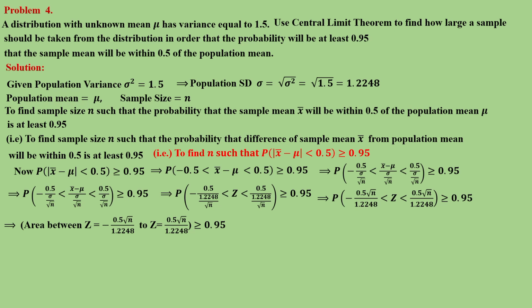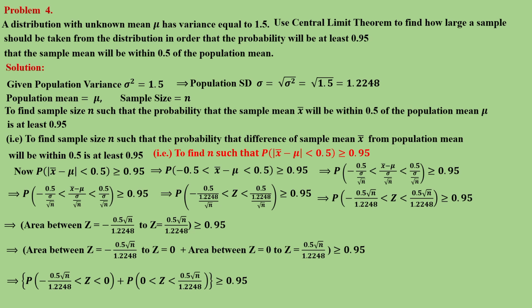This area can be split into minus to 0 and 0 to plus, because the line 0 is in between. So probability of minus 0.5 root 10 by 1.2248 less than z less than 0, plus probability of 0 less than z less than 0.5 root 10 by 1.2248, is greater than or equal to 0.95.